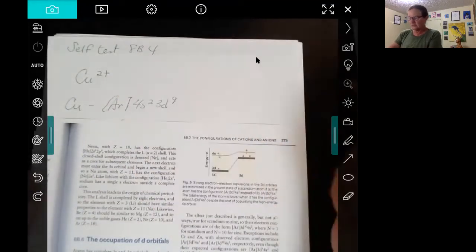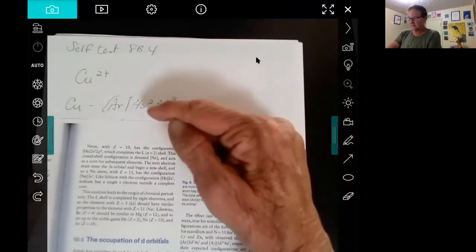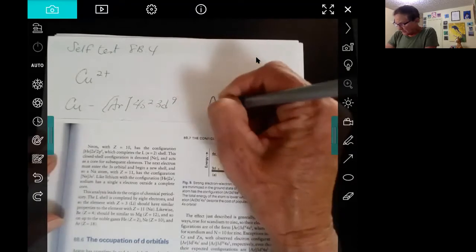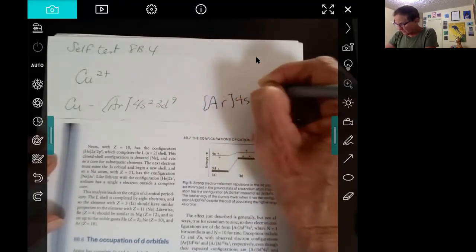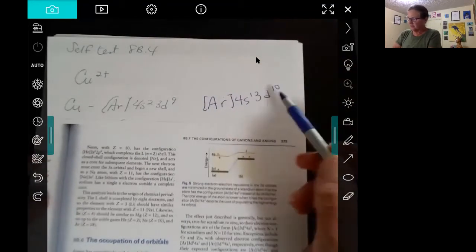If we want to know the electron configuration of Cu2+, if the ground state is a 4s2 3d5 or 3d9, probably, because it's one of the coin metals, is actually a 3d10 to fill the shell.